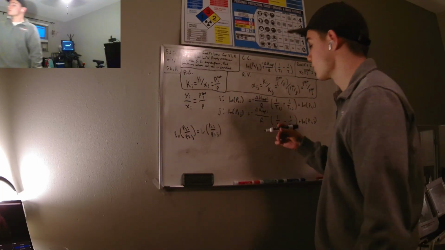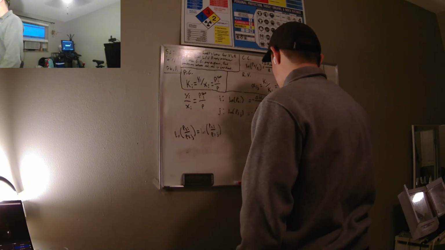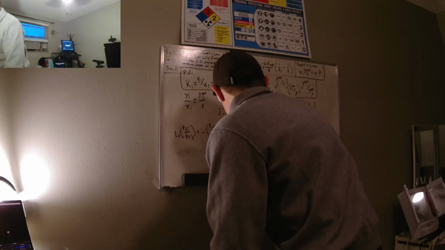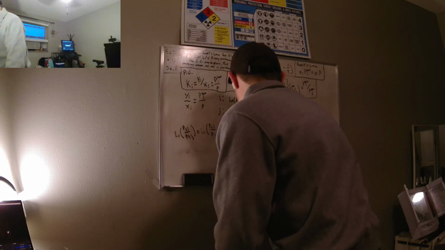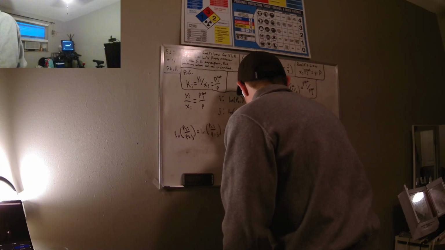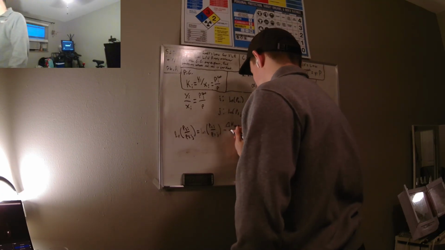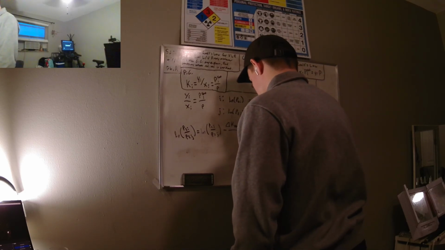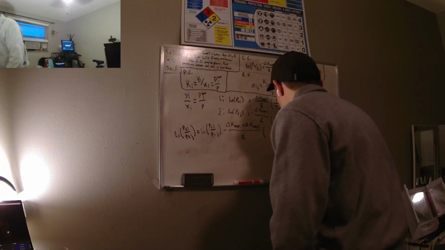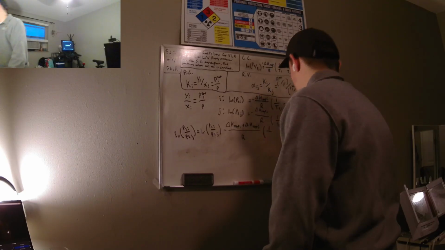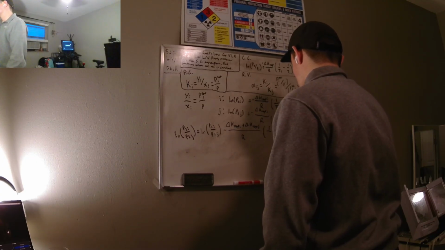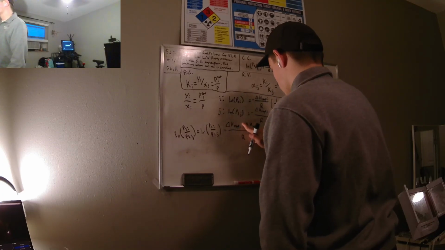Then we can finally add in these terms, which will give us minus delta H i plus delta H j over R times one over T2i minus one over T1i and one over T1j.